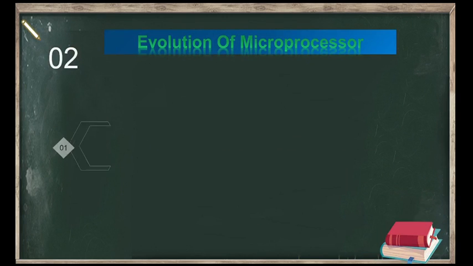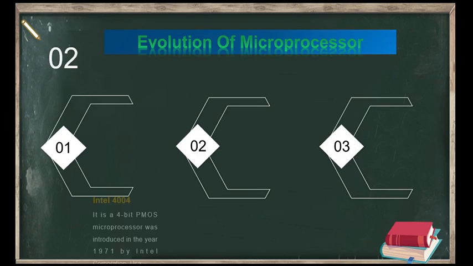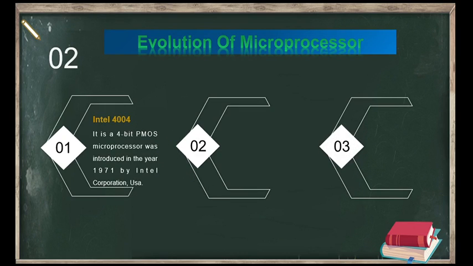The first microprocessor was Intel 4004. It was a 4-bit PMOS microprocessor introduced in the year 1971 by Intel Corporation. After this, a 4-bit microprocessor Intel 4040, an improved version of Intel 4004, was developed.